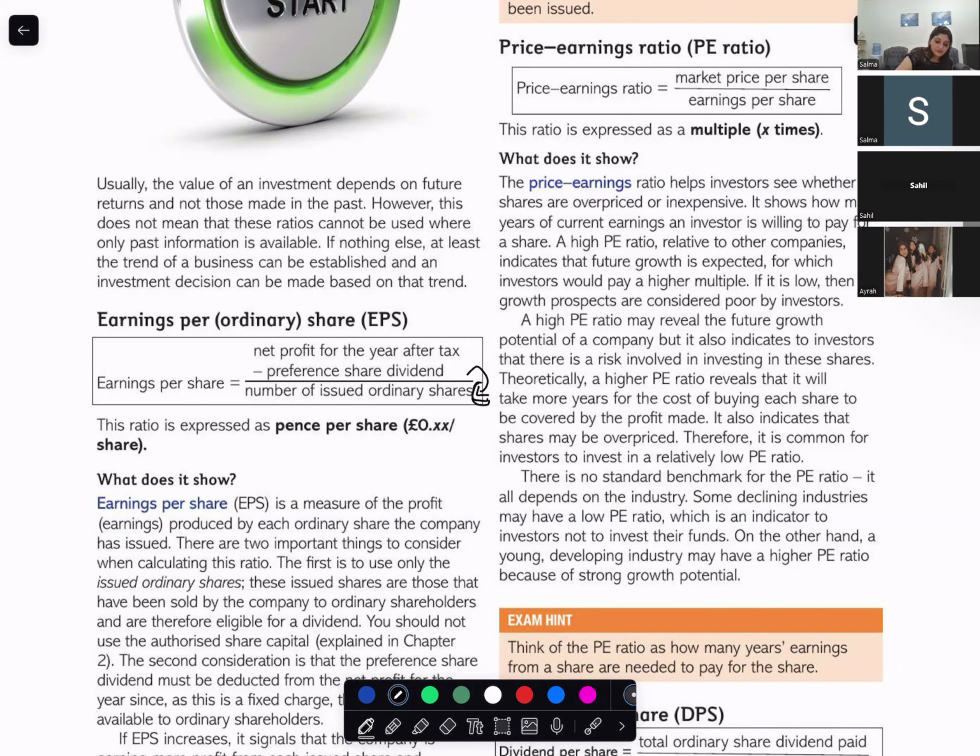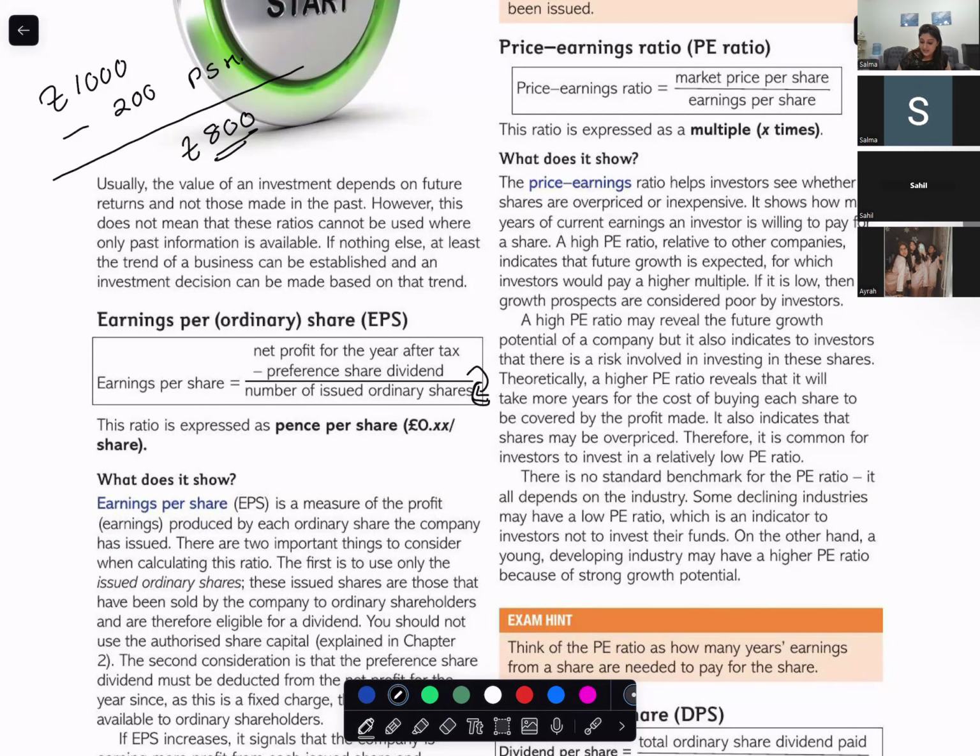Say, for example, you are earning 1000 pounds. From this, your preference shareholders, your fixed cost capital, are going to take away 200 pounds. So for your ordinary shareholders, how much money is left with you? 800 pounds, right?